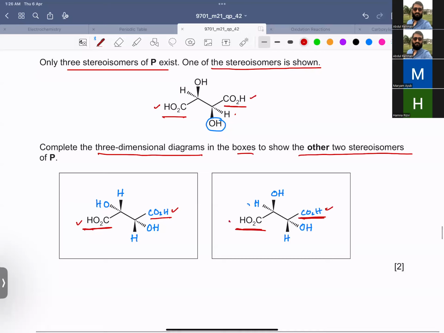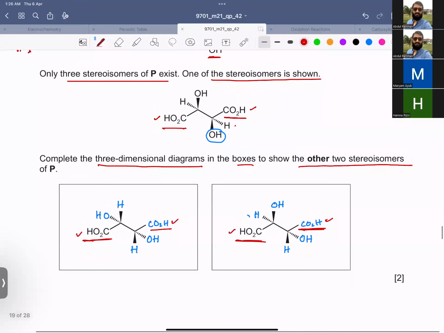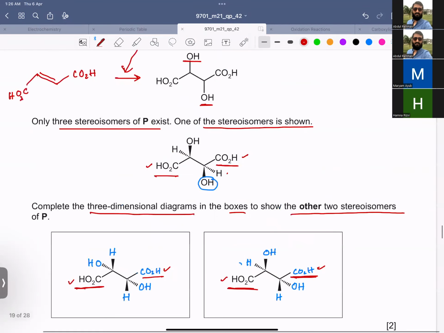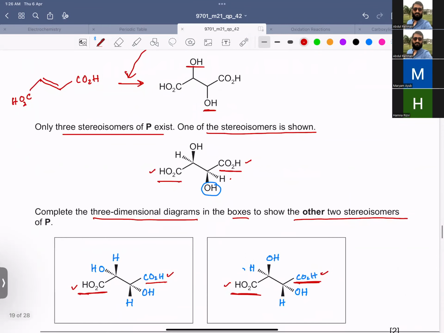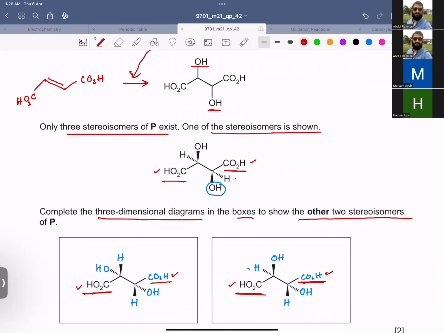So the possibility that it's above or below the plane, would it be wrong or different? Can you repeat? If the carboxylic acid is above the plane or below the plane, will it be a wrong isomer?